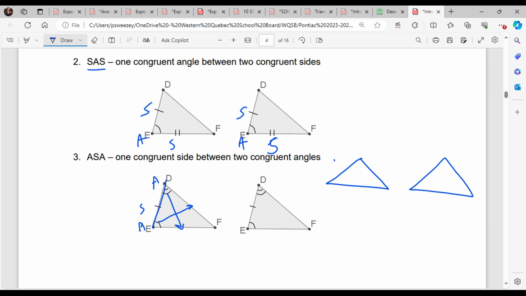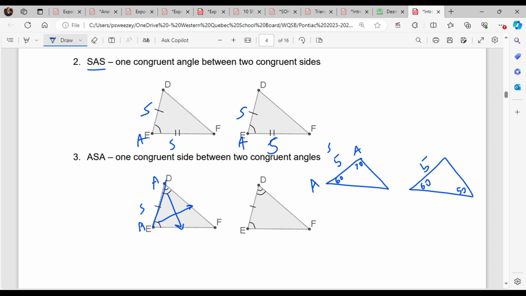If I had this side length here as 5 and that side length there as 5, and I knew that this angle was 60 and this angle was 70, I'm like, sweet, I've got angle, side, angle, in perfect order. But on this next one down here, I've got 60 and 50.